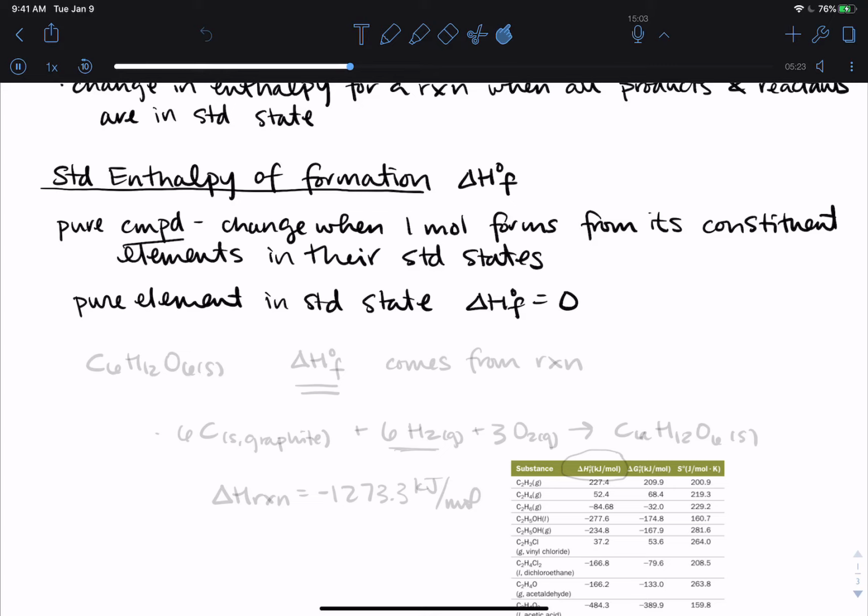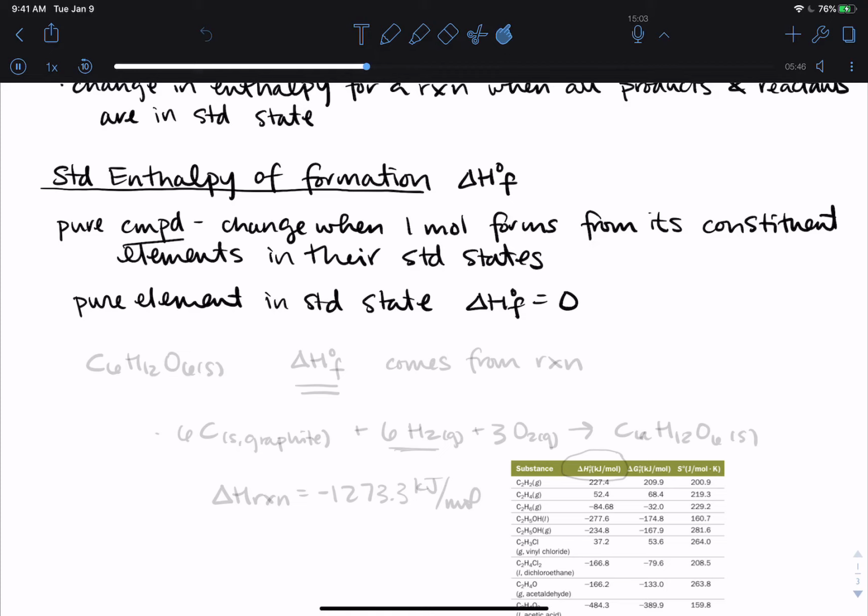So 0 for elements in their standard states. For compounds in their standard states, well, it's the change when all of the elements react. So let's look first at what it would look like and then where we can find them.